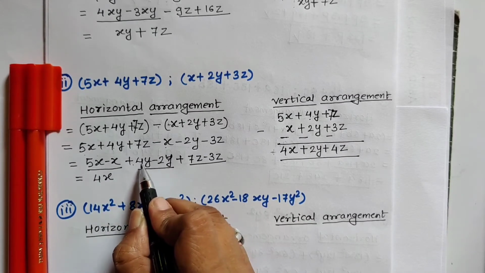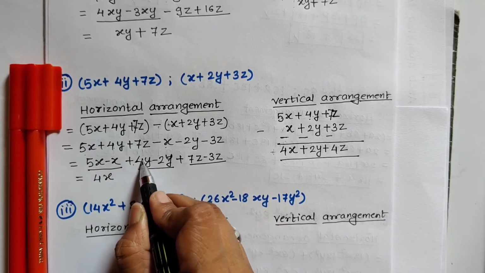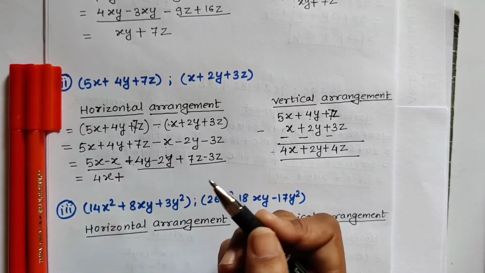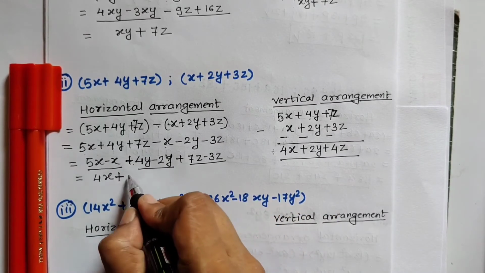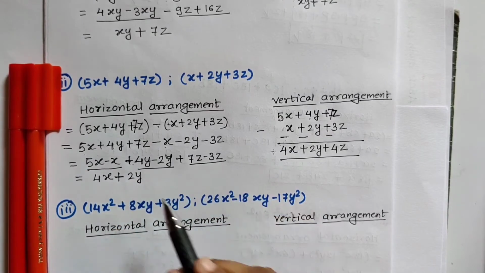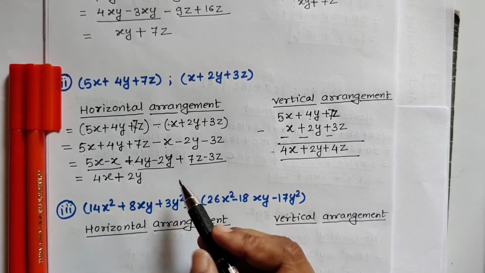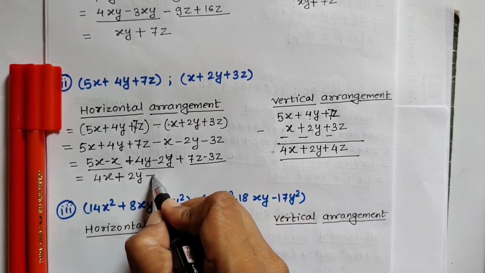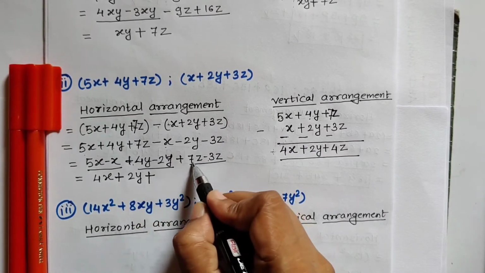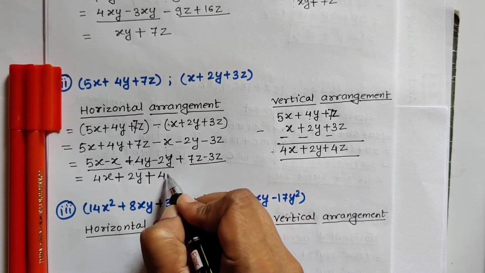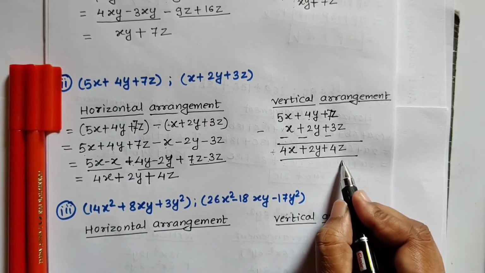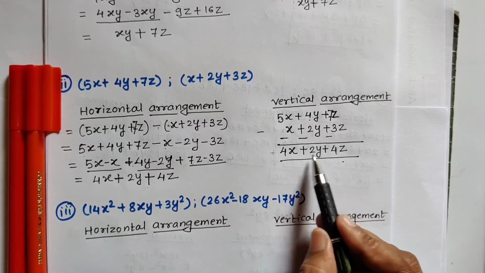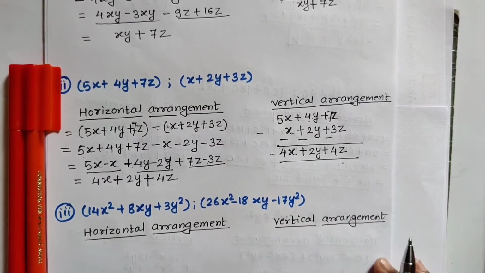Plus minus, again minus, but sign of the bigger number, 4 is the bigger, so sign will be plus. Plus sign we put here. 4y minus 2y is 2y. 4 minus 2 is 2. Plus minus, again minus, sign of the bigger number is 7. Plus 7z minus 3z is 4z. Now as you all can see, the answer we are getting is the same, signs are the same. So see that the sign also should be the same.